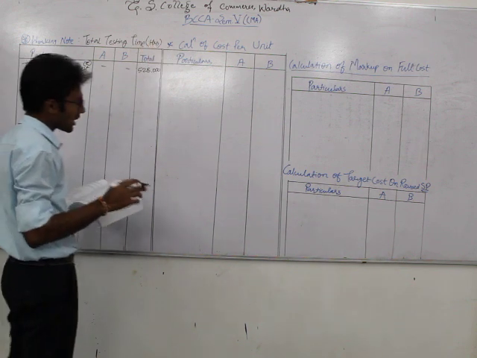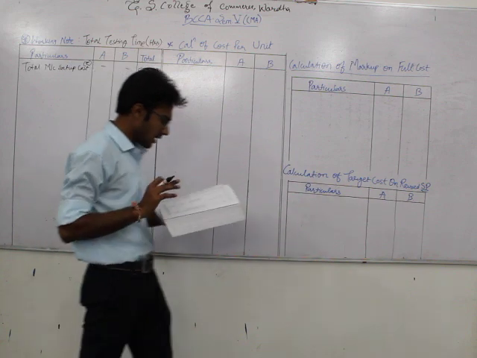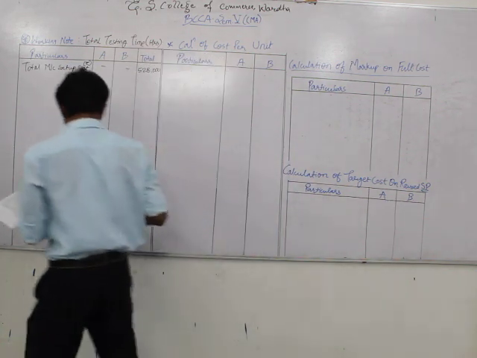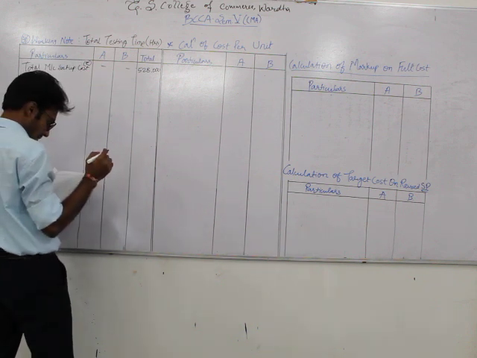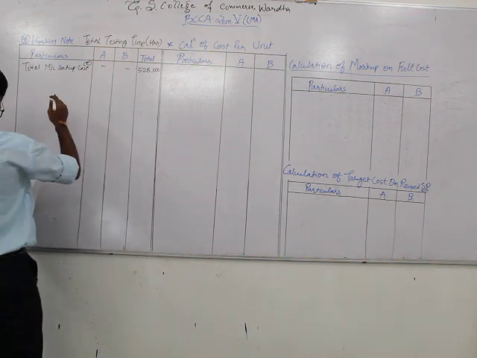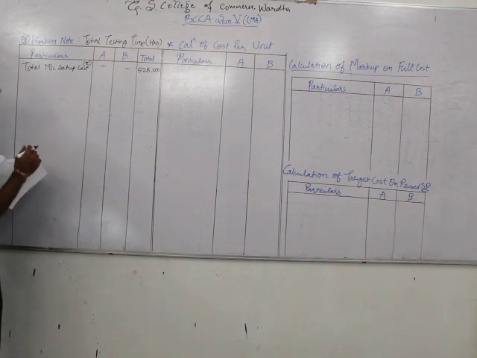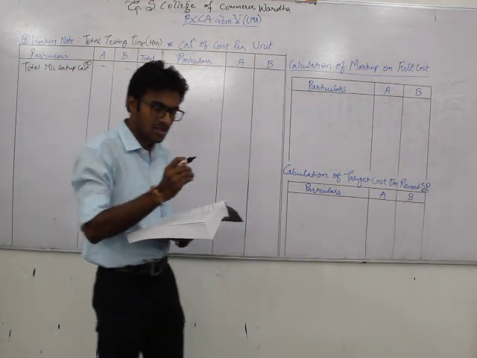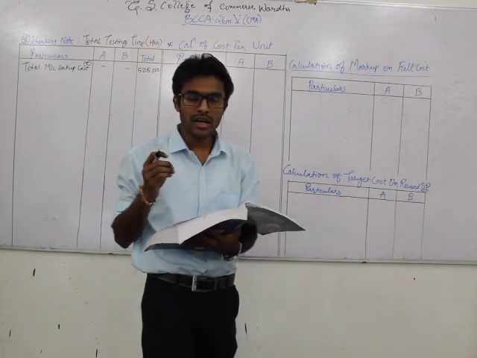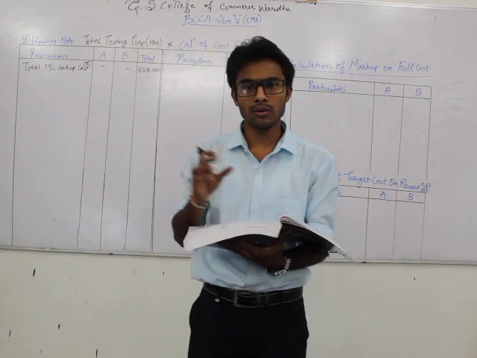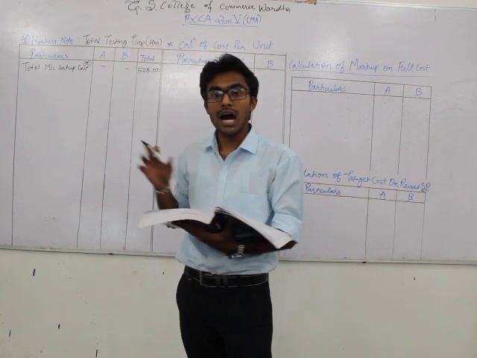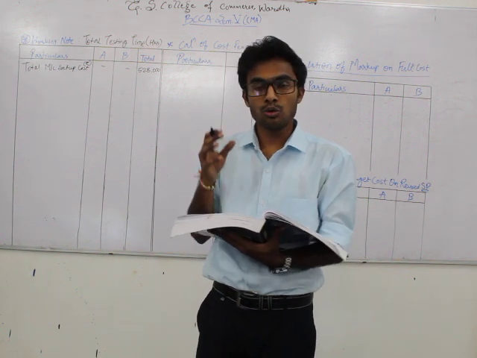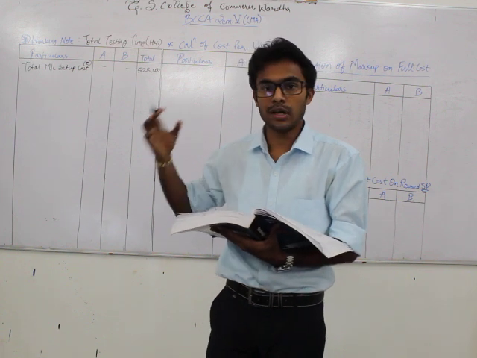Whatever we will be getting in this column will be in hours only. We will be getting here unit numbers and hours, the time which we will use to produce component A and component B.